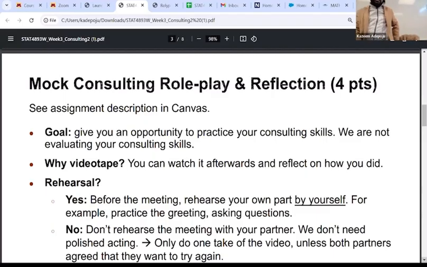The idea is to provide you with a structured environment to put your skill in statistics, your communication, and your professionalism into practice.